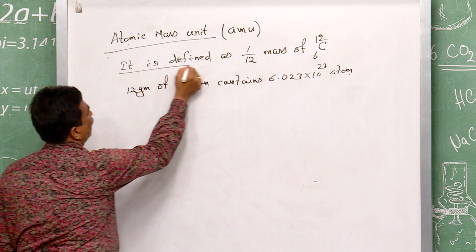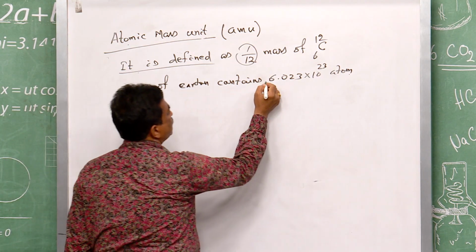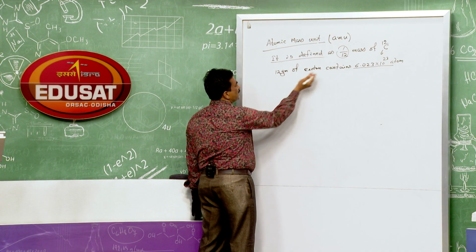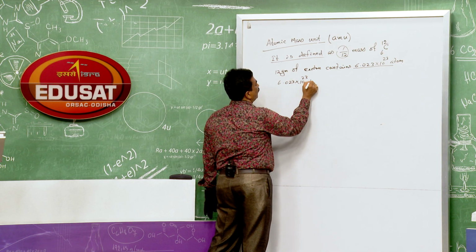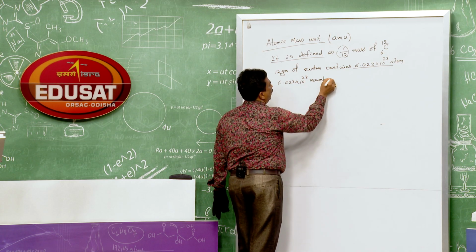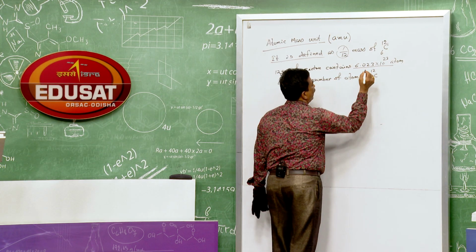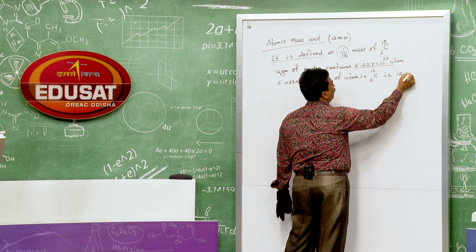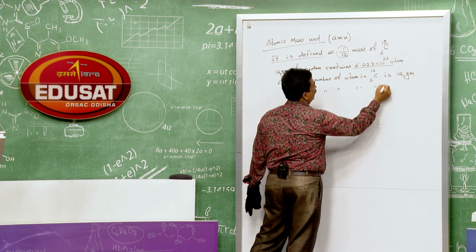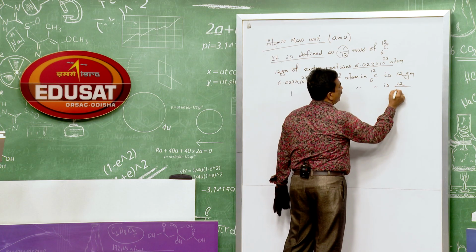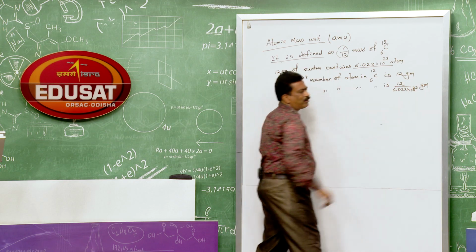Therefore, we said the 1/12th mass of C-12. So in C you have this number of atoms. Means if you make it reverse, 6.023 into 10 to the power of 23 number of atoms in C-12 is 12 gram. So for one carbon atom it is 12 by 6.023 into 10 to the power of 23 gram.